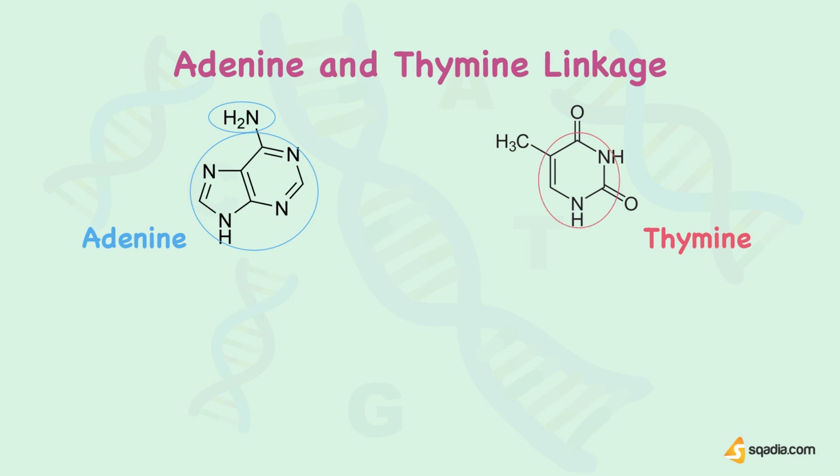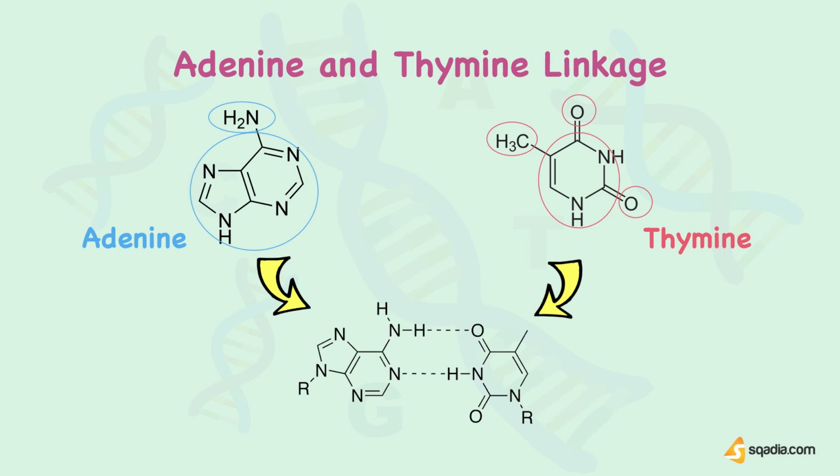Here is the pyrimidine ring and there is a methyl group and 2 oxygens attached. Now adenine and thymine make 2 cross-linkages with each other, at these 2 points.